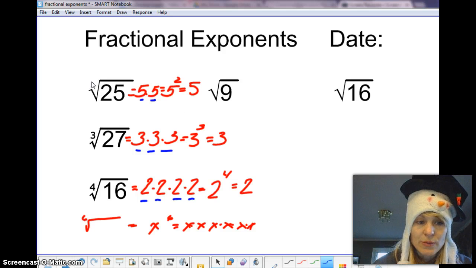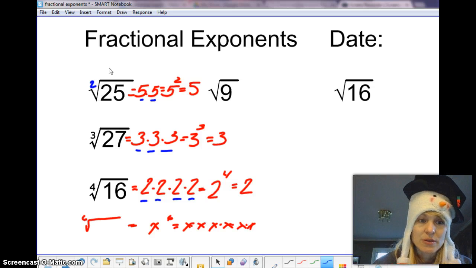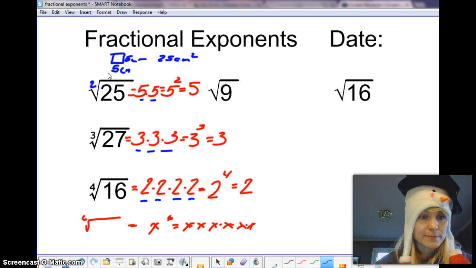So really the square root has a little 2 here, but we don't write it, because it's just common knowledge that square, if you think about the shape of the square, right, it's the same number times the same number gives you the area, which is why when we do this, we say it's 25 centimeters squared, because it's the same number times itself, and let's find the area of a square.